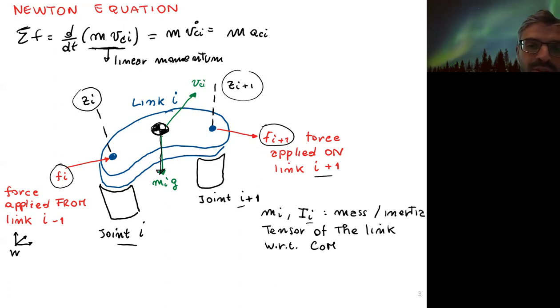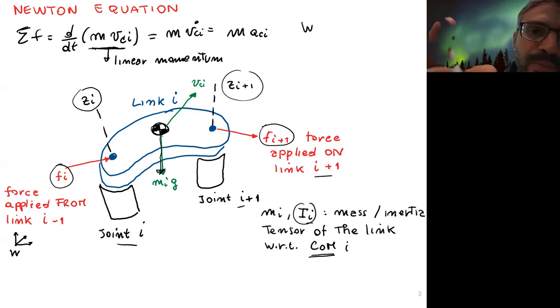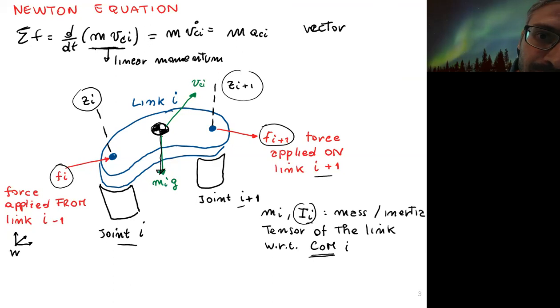We have also the tensor of inertia of the link with respect to the center of mass of link I. All the vectors should be expressed in the same frame. We choose arbitrarily the world frame, an inertial frame, fixed.